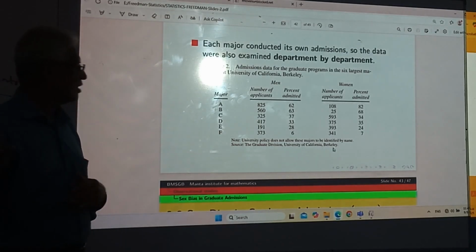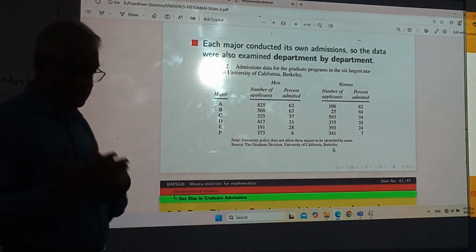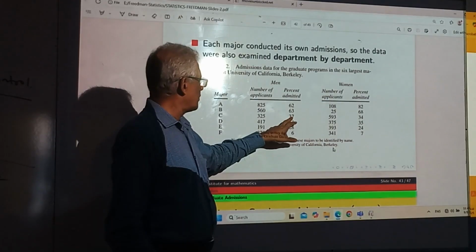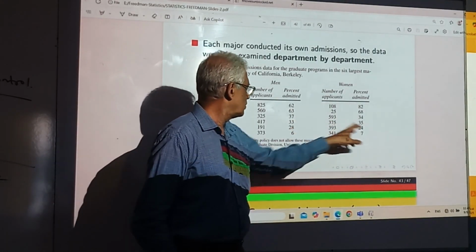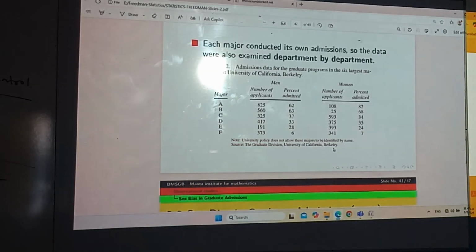Earlier we were thinking that women were discriminated against, but now it seems like men were discriminated against. And in the other departments, this one is almost the same, this one is almost the same, this one is almost the same. So in these departments there is no evidence of any discrimination against men or women.